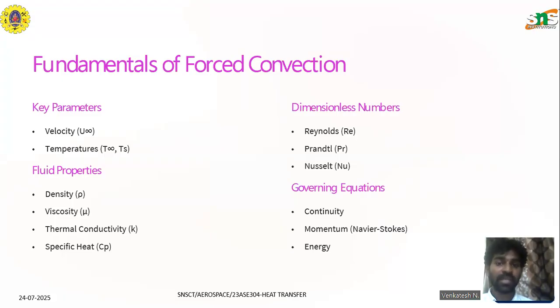These key parameters play a vital role in the dimensionless number concept, like the Prandtl number, Nusselt number, and Grashof number, and also the Reynolds number we already mentioned. The fluid parameters indicate density, viscosity, thermal conductivity, and specific heat capacity. Now these key parameters, dimensionless numbers, and fluid properties are used in the governing equations like the continuity, momentum, and energy equations.